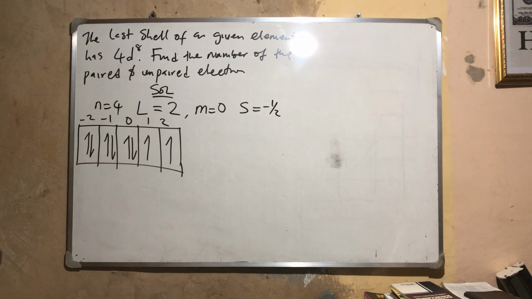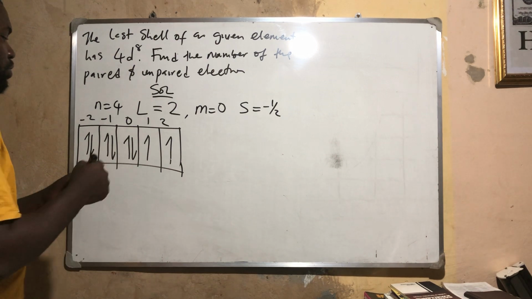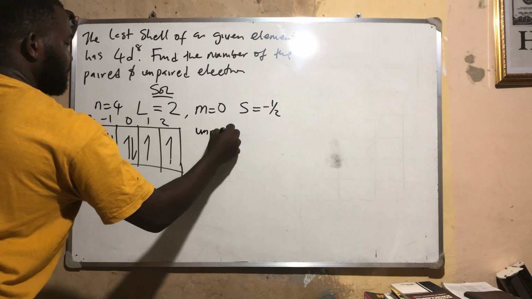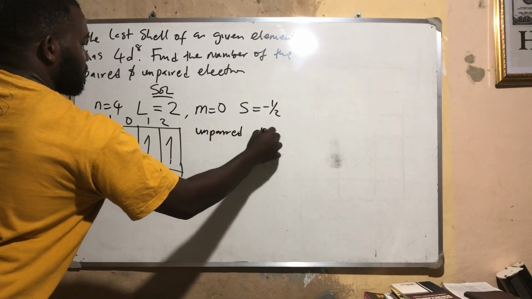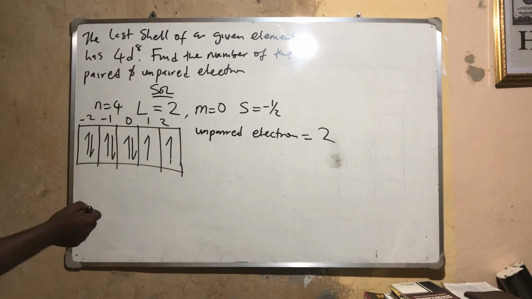Now if you look at this, you see that all these are paired. The only ones that are not paired are 2. So the unpaired electron is just 2.